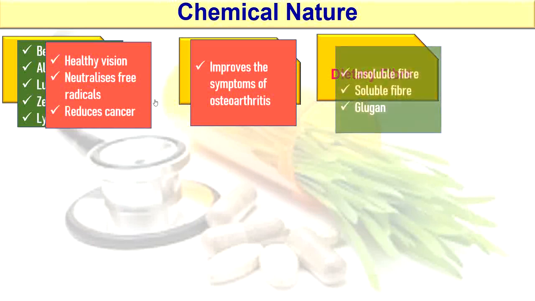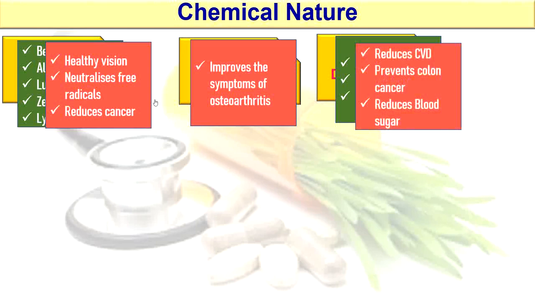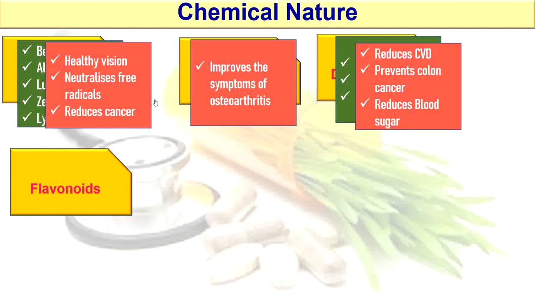When you take dietary fiber, insoluble fiber, soluble fiber, beta-glucan come under dietary fibers. And it reduces CVD, prevents colon cancer, and reduces blood sugar level.